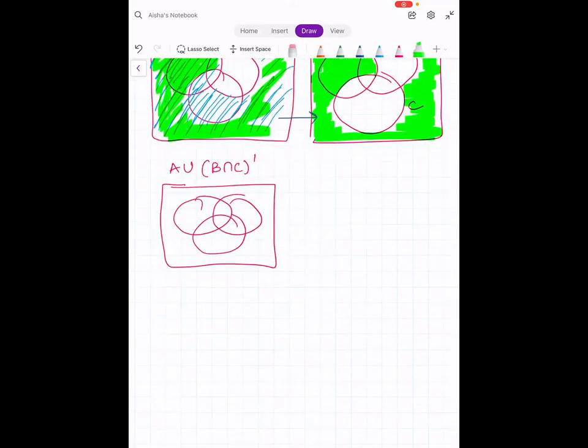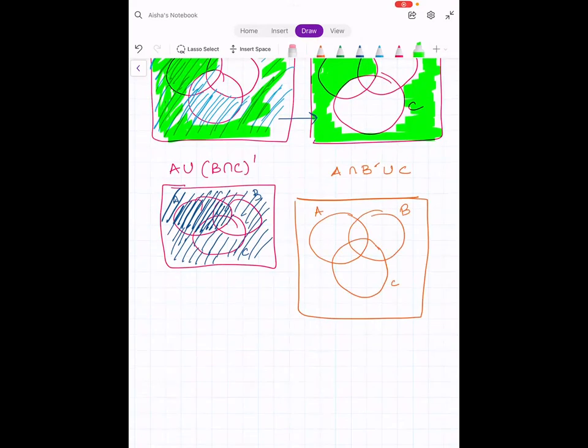B intersection C. This is A, B, C. Intersection C complement, everything other than B intersection C. Union A means all of A on it. So only this region will be left unshaded.